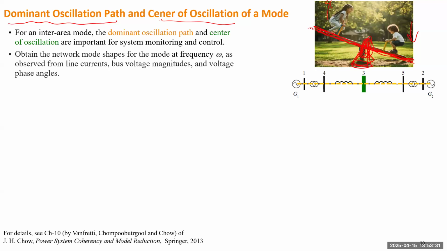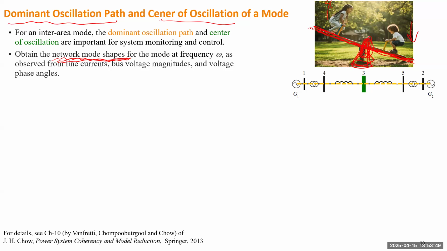We need to obtain the mode shape for the network. Here we call it a network mode shape because we want to find some type of eigenvectors, not only for state variables, but also for all the variables through this entire network.